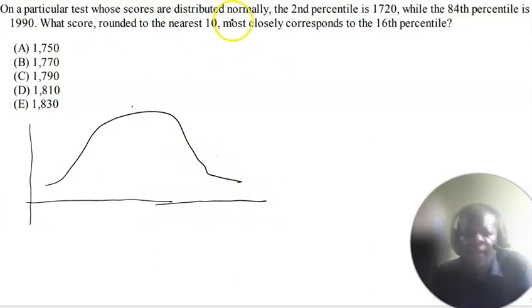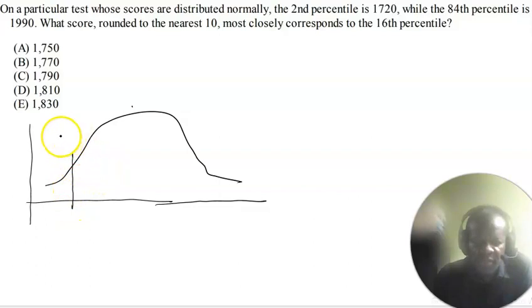Now, the second percentile is 1720. So what's second percentile? Second percentile means 2% have a score that is equal to or less than 1720. So let's say our 2% is somewhere around here.